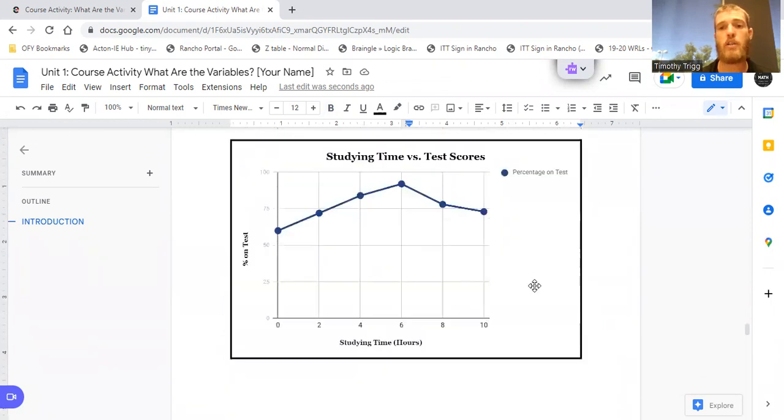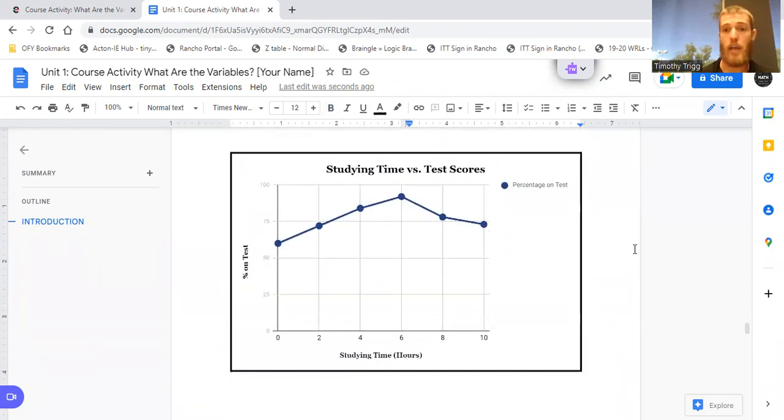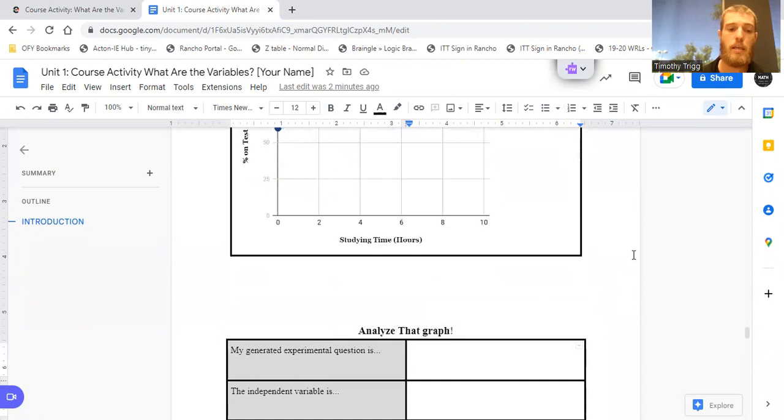What's a generated question that this graph seems to want to answer? Well, the generated question might be, does study time affect the resulting score on a test?